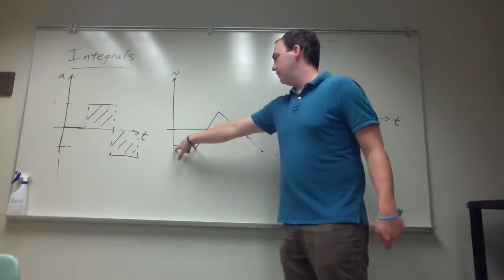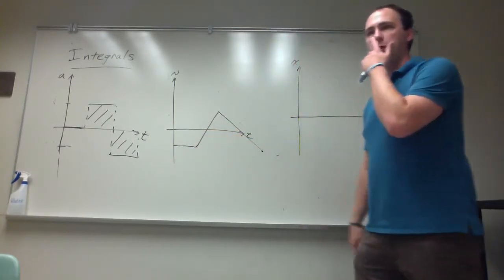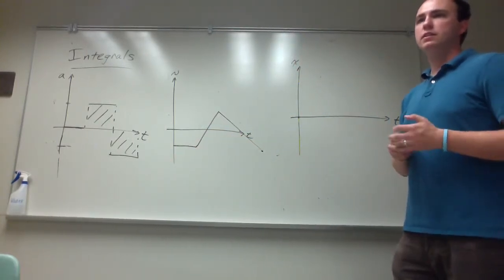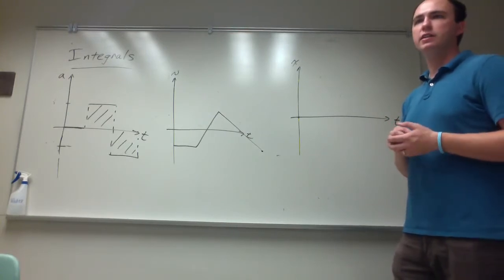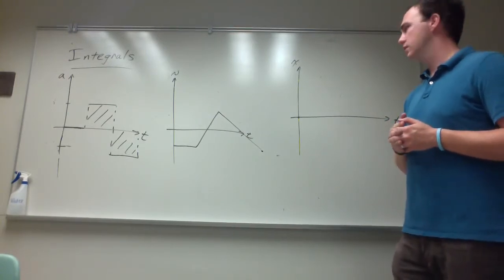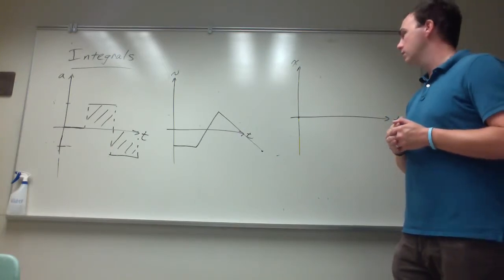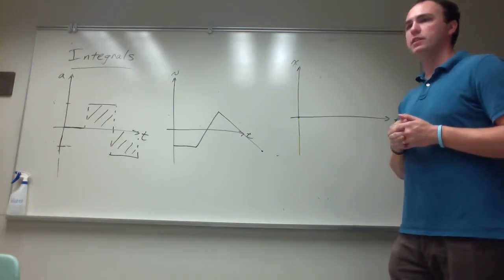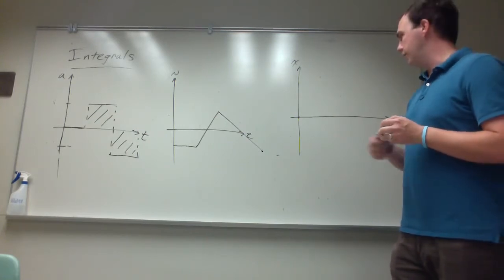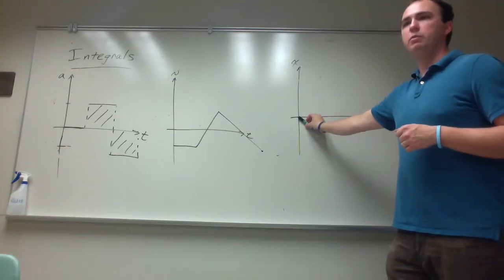So then during this first section, which way would we move? Or what should the x plot look like? Constantly down. Going in the negative with a constant slope, right?